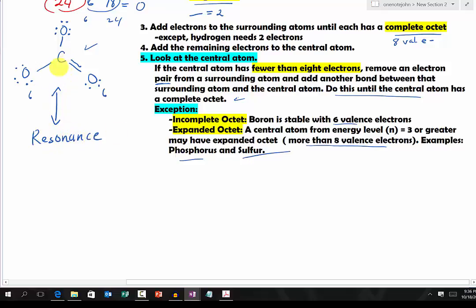So resonance is basically what other structures are possible in this case. Notice we can have the double bond over here, and we have a single bond. So we could have it like this. This stays here the same.